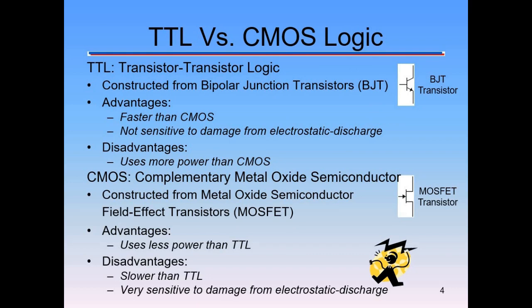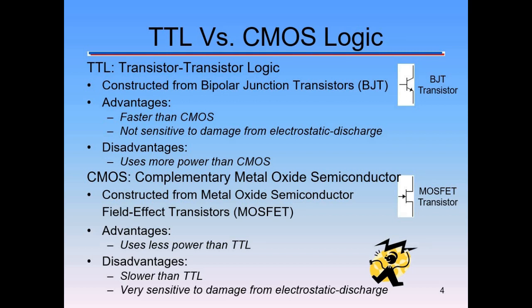Okay, so TTL, transistor logic, uses bipolar junction transistors. Those are BJT transistors. There's a couple different kinds we can have: NPN or PNP. That stands for negative, positive, negative, or positive, negative, positive. That's really what those gates are. We have a collector, base, and emitter.